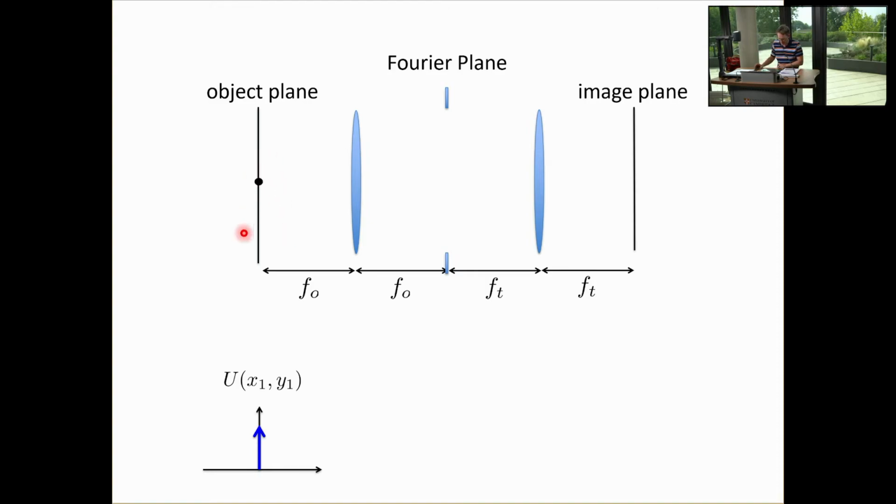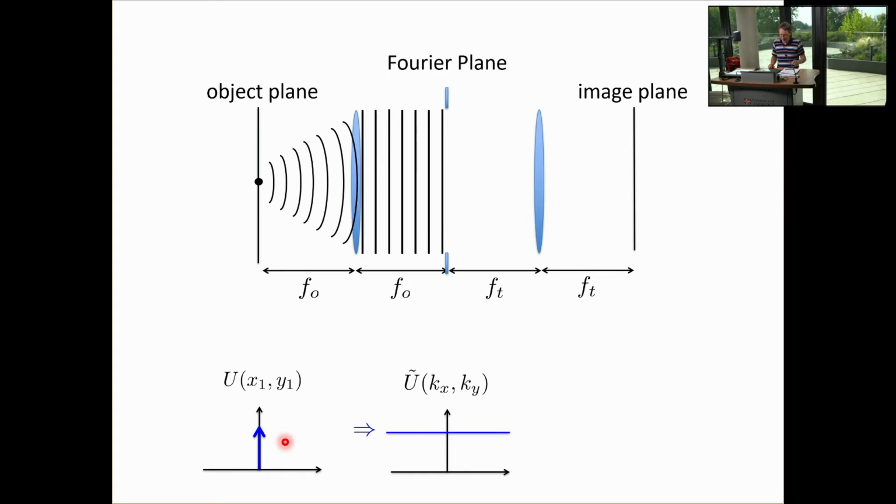So here's a point. It has a field distribution that's a delta function now, rather than the plane wave example that we showed beforehand. It emits a spherical wave that is now captured. Well, part of it is captured by the objective. It is clipped by the numerical aperture of the objective.